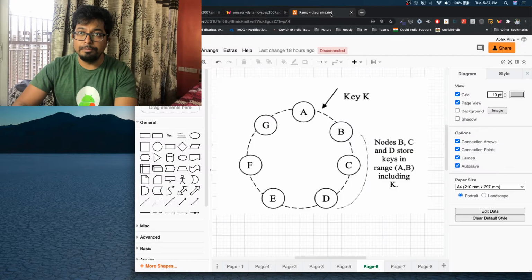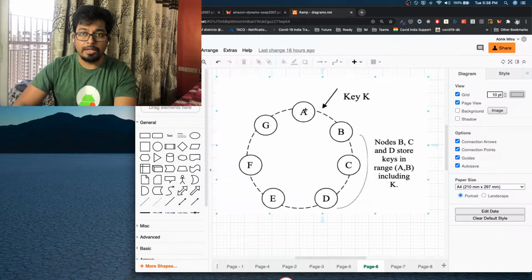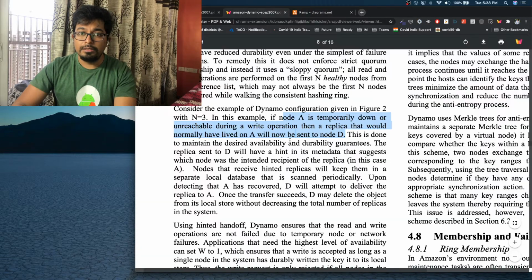In this example, the key comes and gets stored in A, and let's say N is equal to 3, which means it gets stored in A, B and C. If node A is temporarily down or unreachable during a write operation, then a replica that would have normally lived in A will now be sent to node D. Instead of the change going to A, the change will now get propagated to D. This is done to maintain the desired availability and durability guarantees. The reason being we have set N equal to 3, which means our data needs to be copied into 3 locations, and that is why it is being copied over to D.